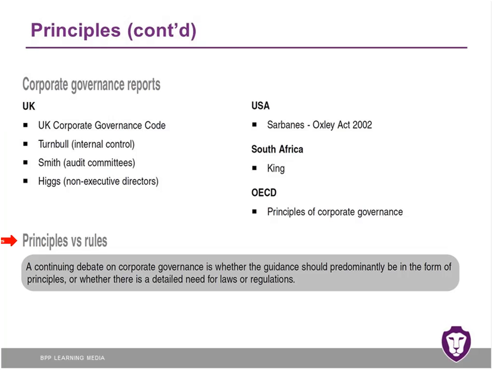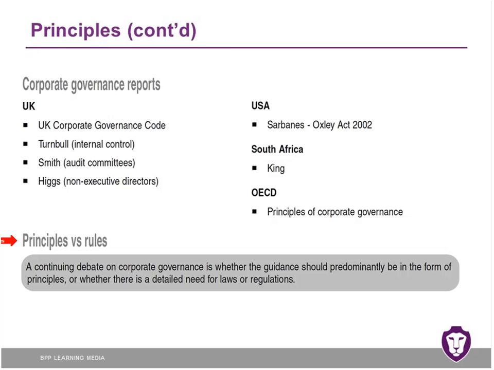Then when it comes to the rules, it's like procedure manuals. Okay, not quite right. What principles means is that the principles of corporate governance are given. So here's the principle: you must have, for example, non-exec directors on your board.